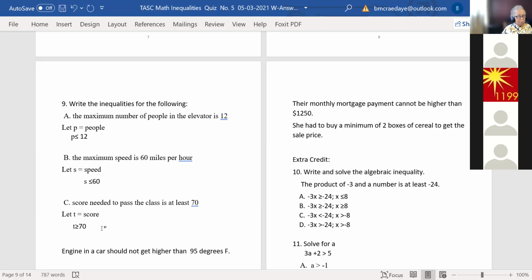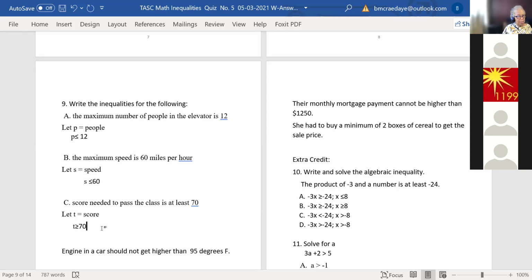Okay. Now, number nine, they only do B. But I did the others so that way you can understand it. If you're trying to pass a class and you have a score, then you've got to either make that score or exceed that score.